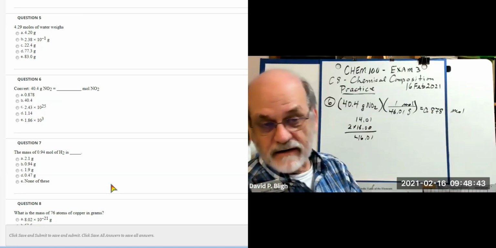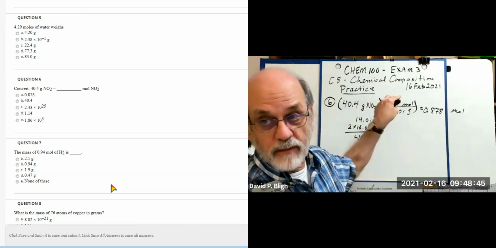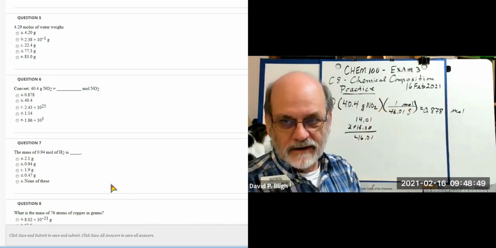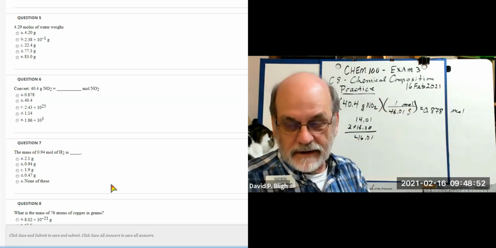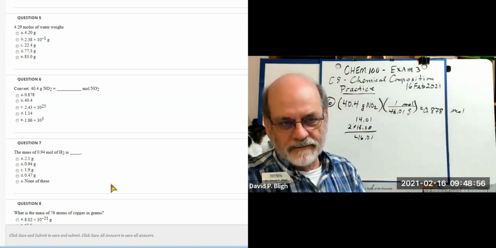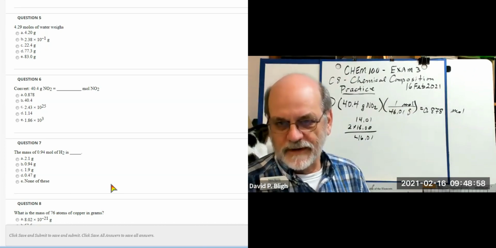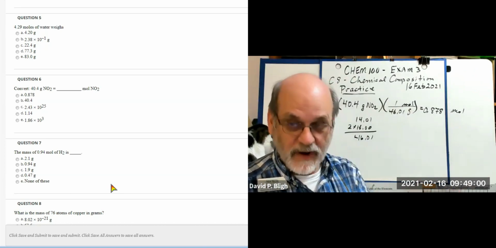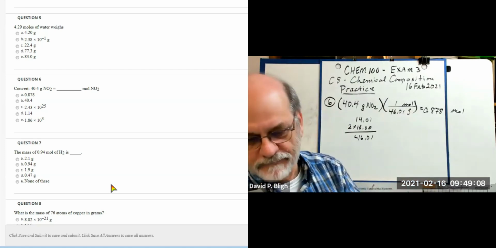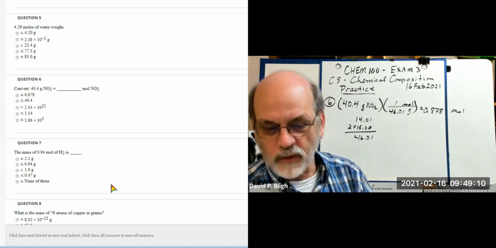And you know, that can happen even if you set the problem up right and you put the numbers in your calculator wrong. You know, what do they say? Garbage in, garbage out. That's all computers do. If you put the right information in, hit the right buttons, you'll get the right answer. But if you put the information in wrong, the computer doesn't know any different. It just does what it does.